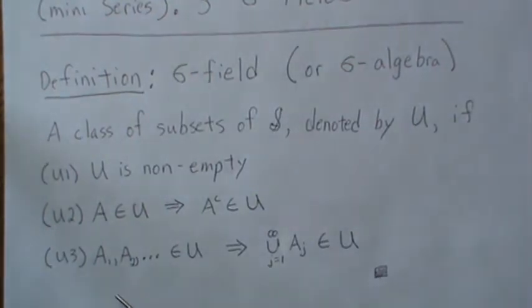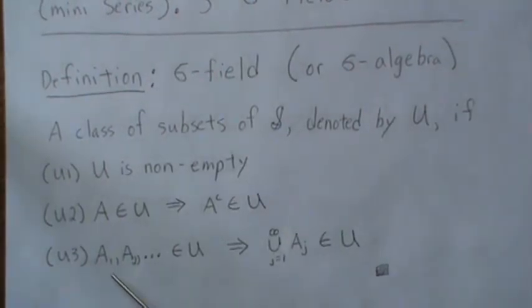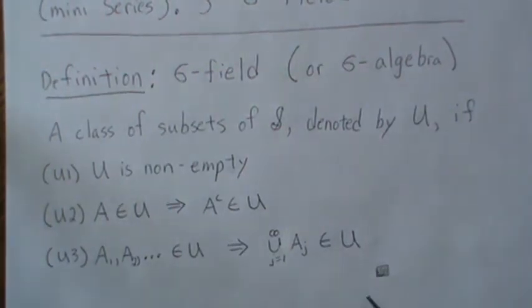But it's a finite union or finite intersection, where a sigma field extends it to a countably infinite one. Okay, so we have A1, A2, up to, keeps going. It implies that this union is also back in U.